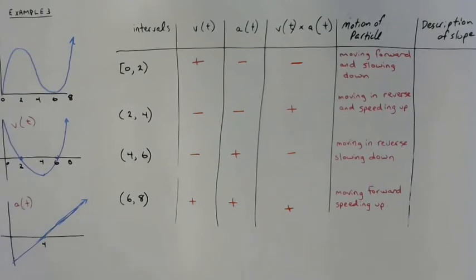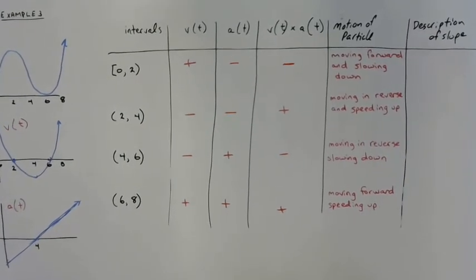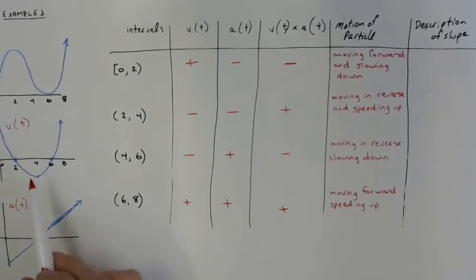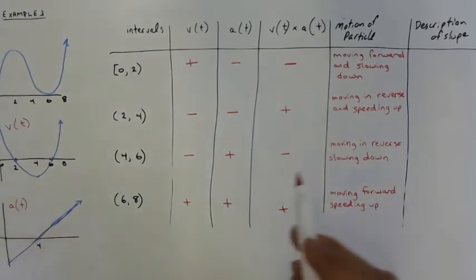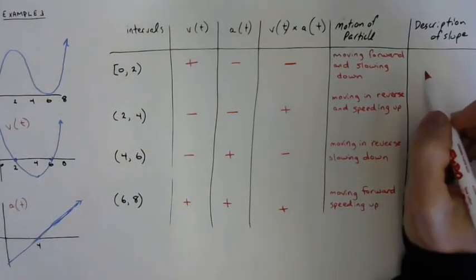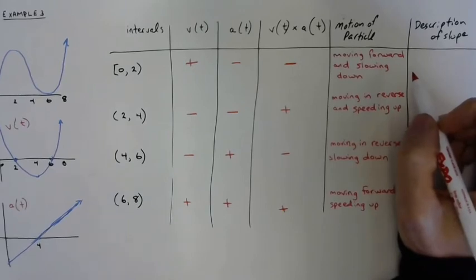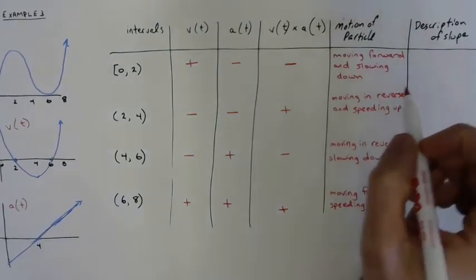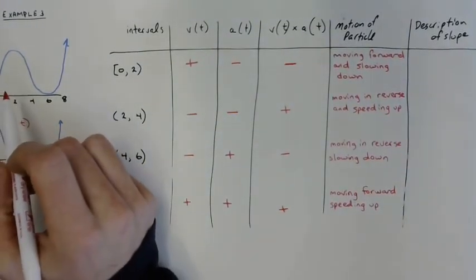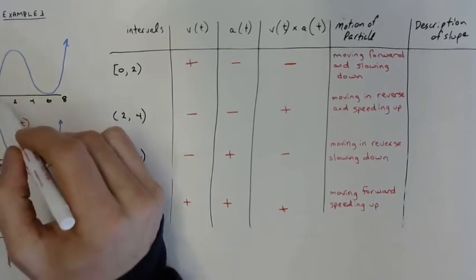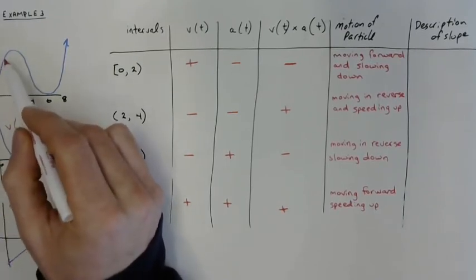Okay, remember this is a particle moving in a straight line. And we can also talk about the slope as it relates to the moving particle, as it relates to the functions v of t and a of t. So what does this mean here? If it's moving forward and slowing down, then what we have in the original function is a positive slope that is decreasing.